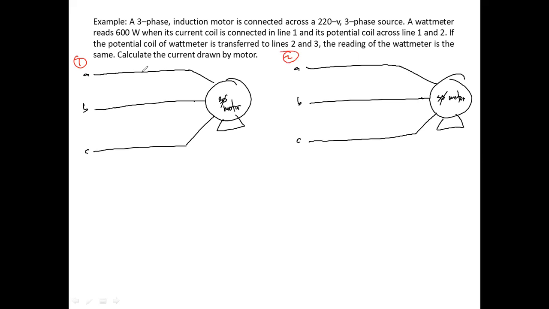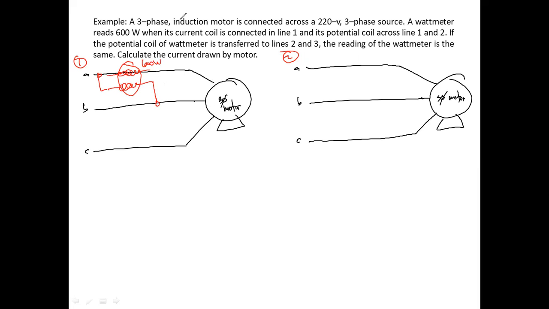Take note that under case 1 and case 2 we have the same motor, but the positioning of the wattmeter changes. As you can see in case 1, the current coil is in line 1, and the potential coil is connected across 1 and 2. This wattmeter indicates 600 watts.